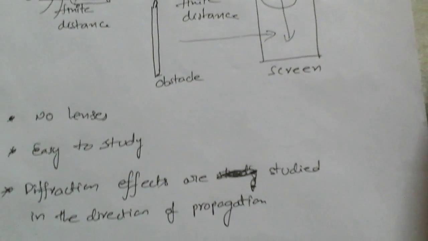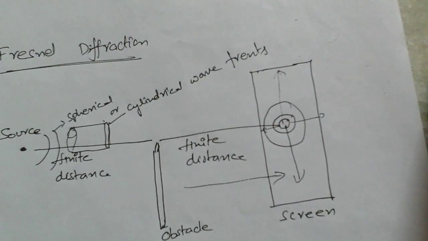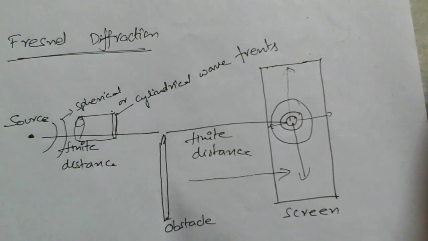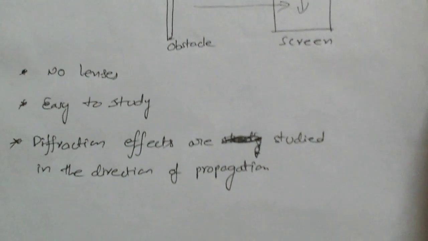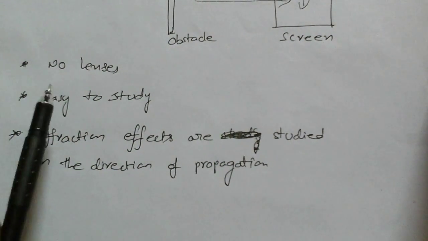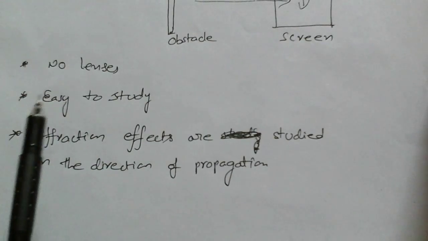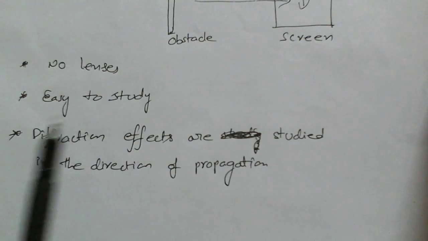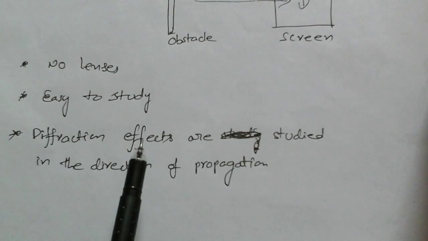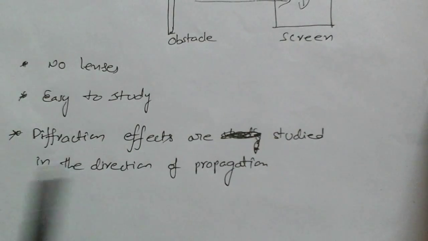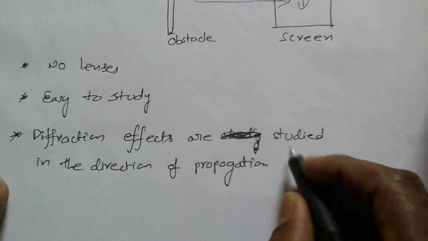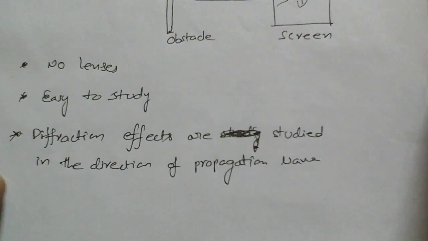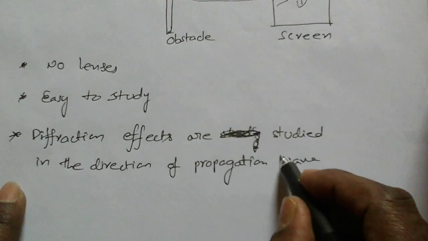Some important points of Fresnel diffraction are: in this diffraction no lenses are used, so it is easy to study. Diffraction effects are studied in the direction of propagation of the wave.